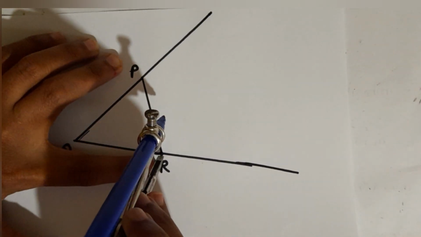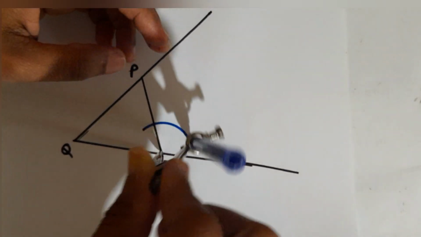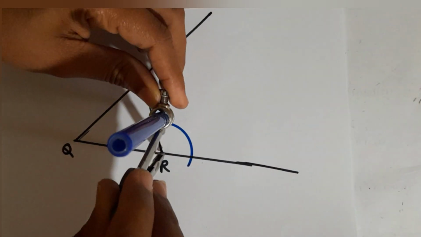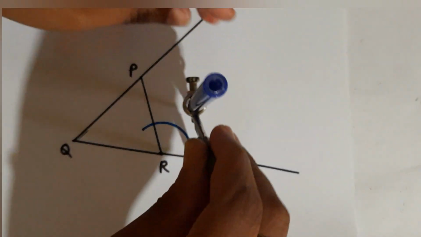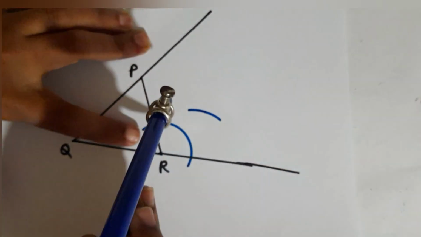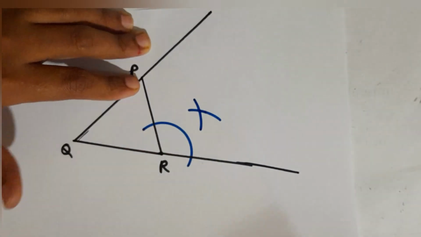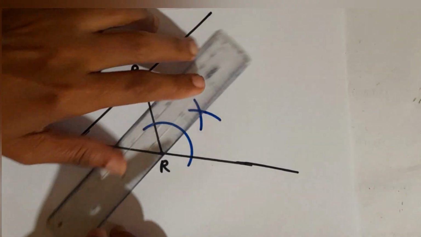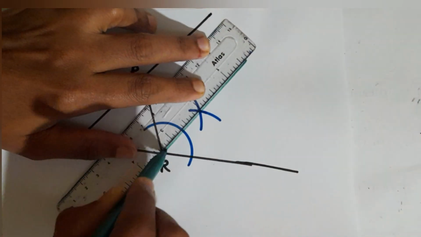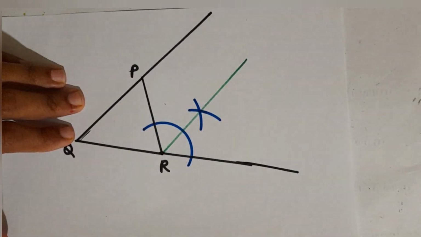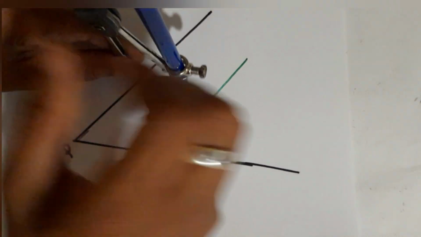I'll take this angle first by drawing an arc like this. Then changing the distance, I can keep the point of the pair of compasses on the intersecting points and draw another two arcs in this way. Then we have to join the intersecting point to the point R. In the same way, we have to take the angle bisector of the other exterior angle.